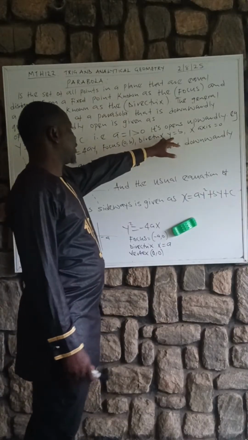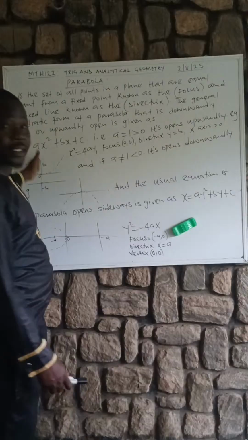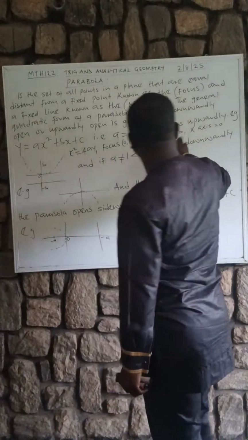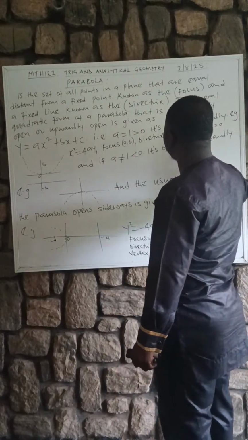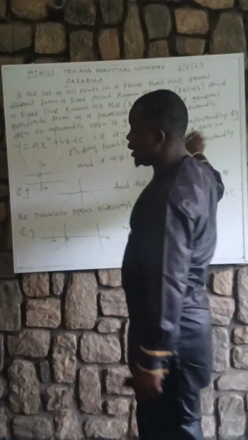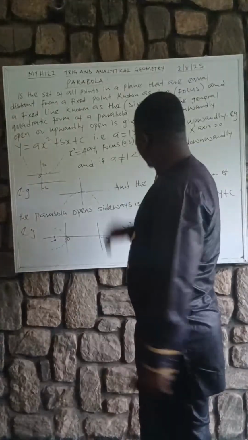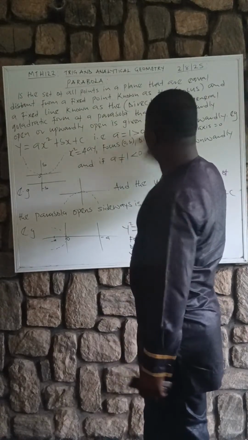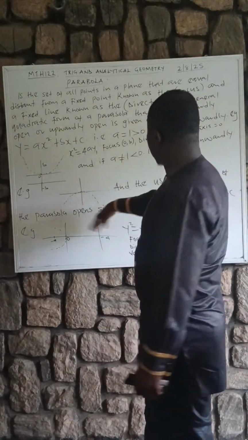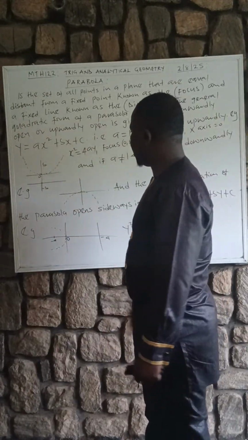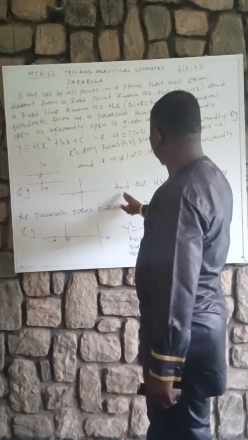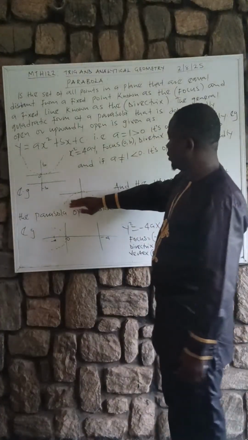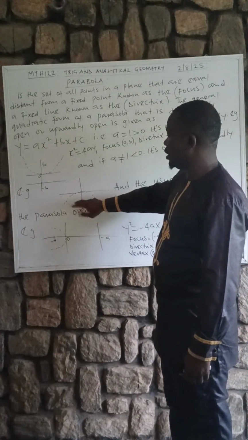The directrix, b is on the y-axis, so the directrix is y equals b. The x-axis is what? 0. Then it opens what? Upwardly. When it opens downwardly, the usual equation looks like this.